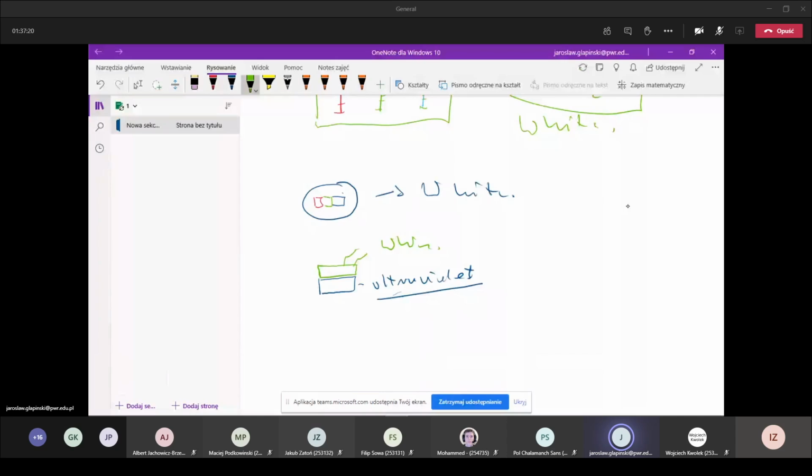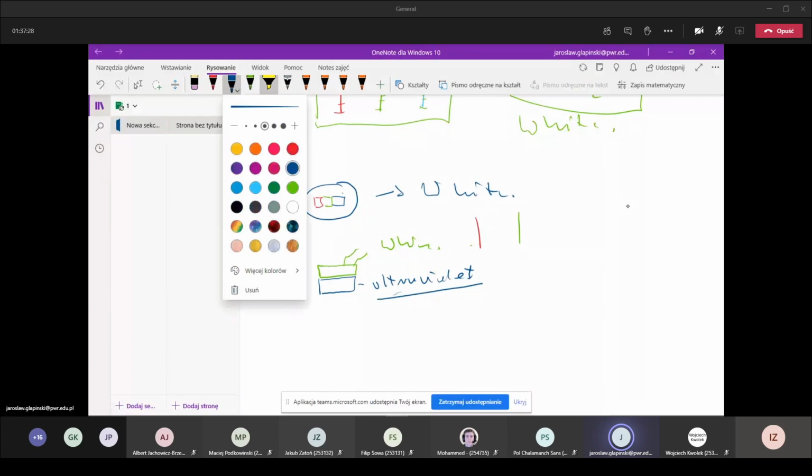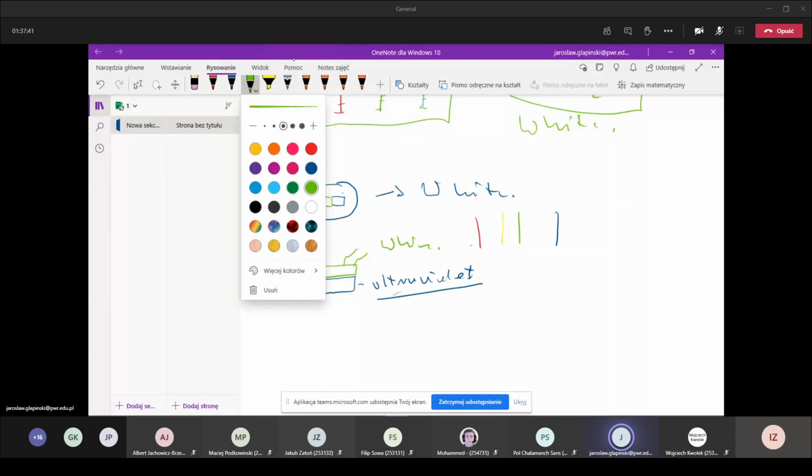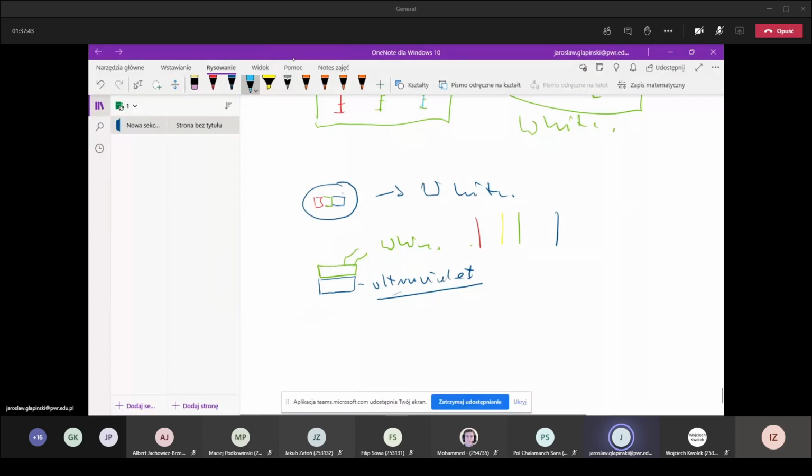So it creates different frequencies, R, G, B, but also other ones, violets.